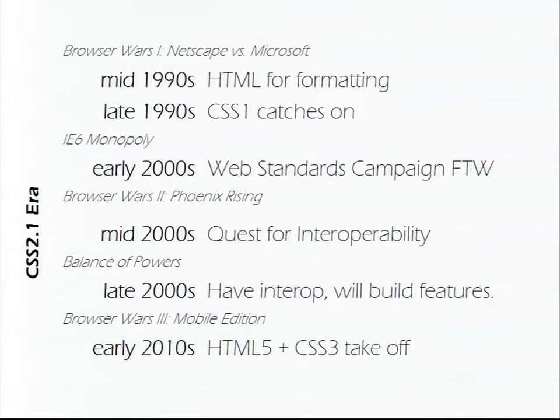And part of this was because the CSS 2.0 standard had so many ambiguities and errors and conflicts, and it just was not clear what exactly you're supposed to do in all the cases. And there weren't a lot of tests for standards compliance, and the browsers, as a result, had a lot of bugs and a lot of inconsistencies.